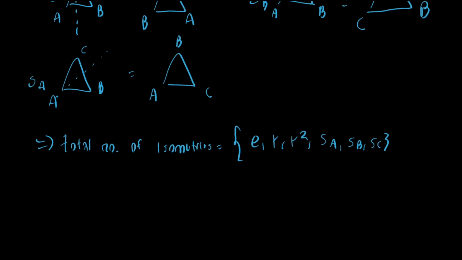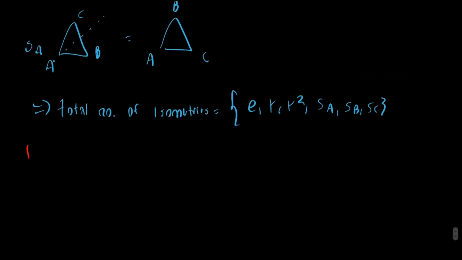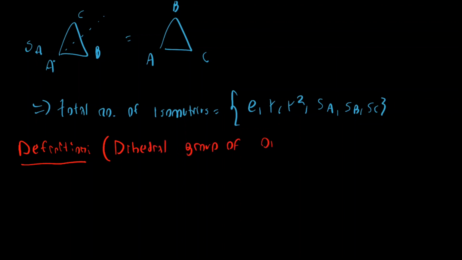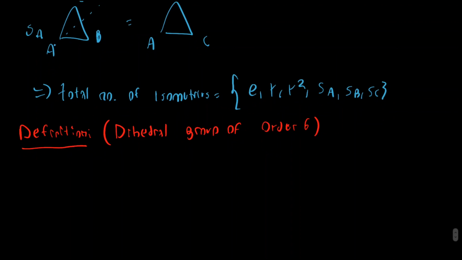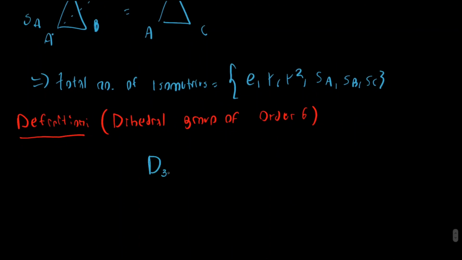So now we will pick a notational convention, and we also give a definition. And that is the dihedral group of order 6. So we call the dihedral group of order 6, which we sometimes denote D3 or D6. It really depends on the conventions adopted by a particular textbook or course.